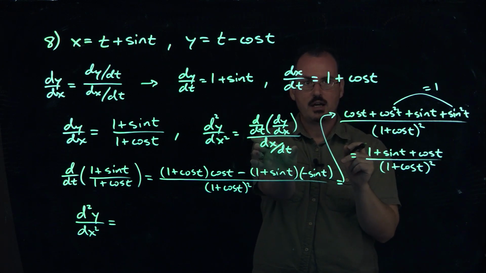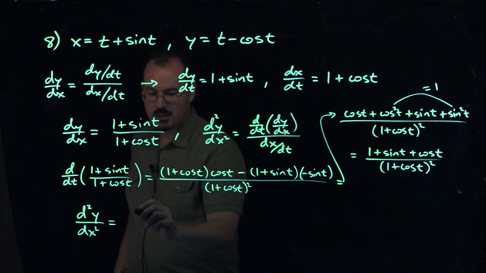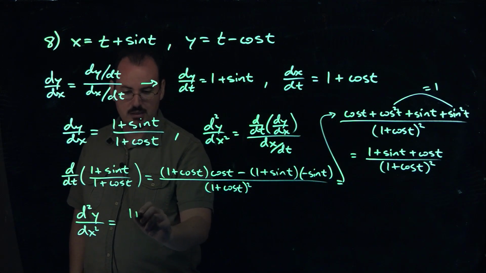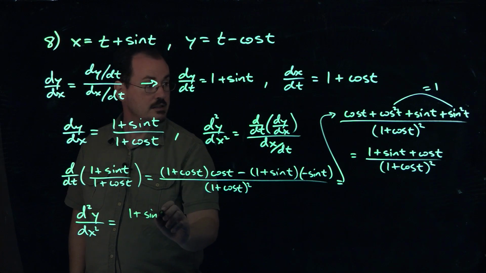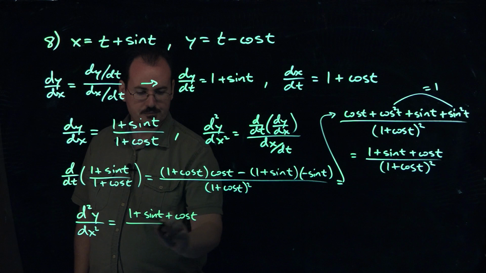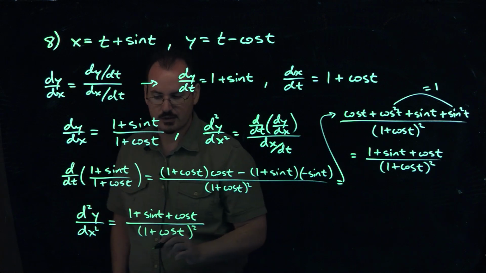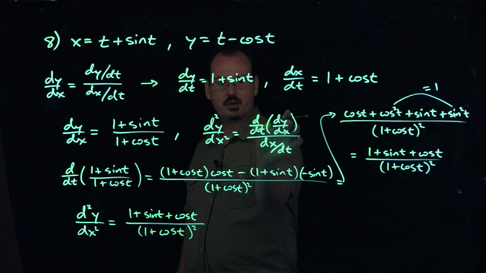But remember that if you divide by something, you can multiply by the reciprocal of that thing. So basically this is going to be 1 plus sine t plus cosine t divided by (1 plus cosine t) squared. And then, so that, again, is the numerator part. That's the d/dt of dy/dx, okay?